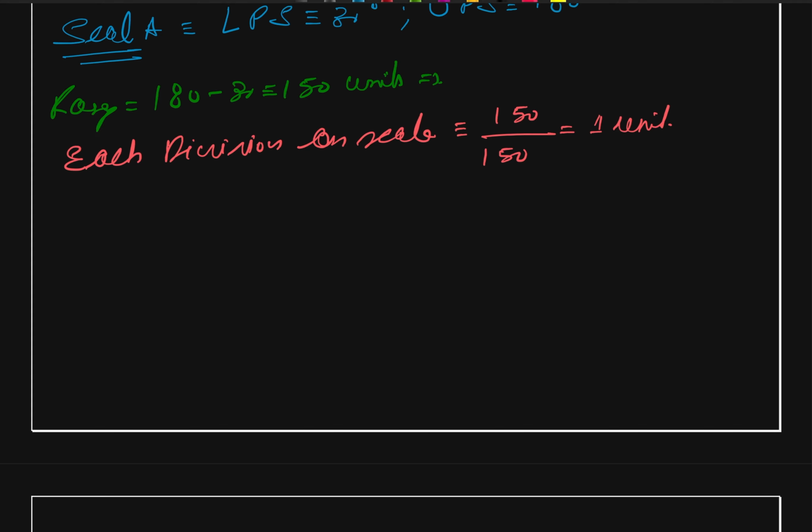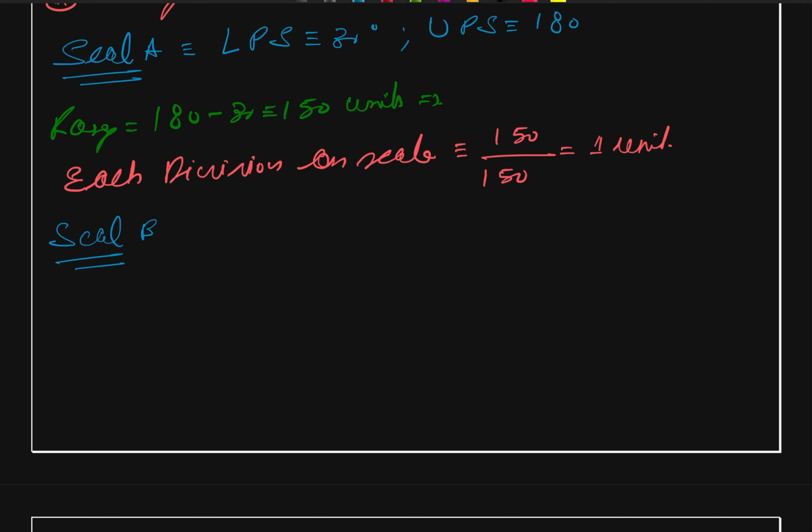So for scale B, that will also be equal to 1, because the lowest is 0 and the highest is 100. So each division on scale B will be equal to 100 minus 0 upon 100, giving us 1 unit.